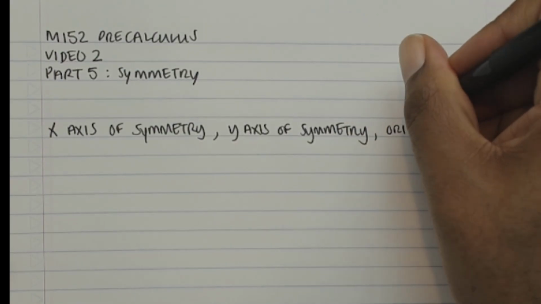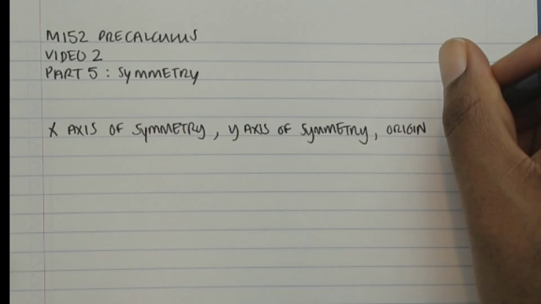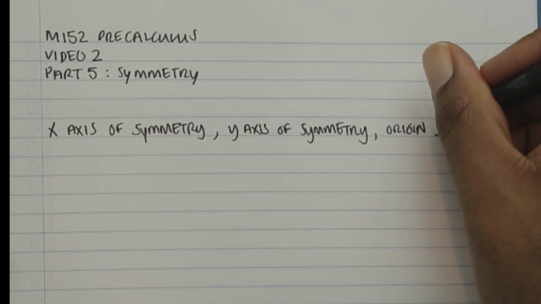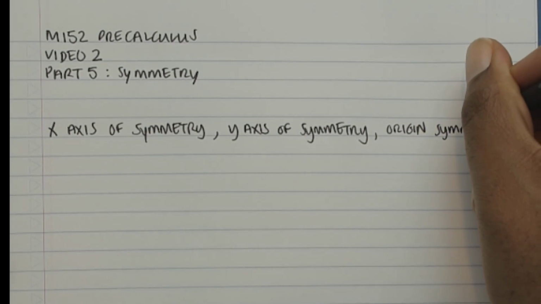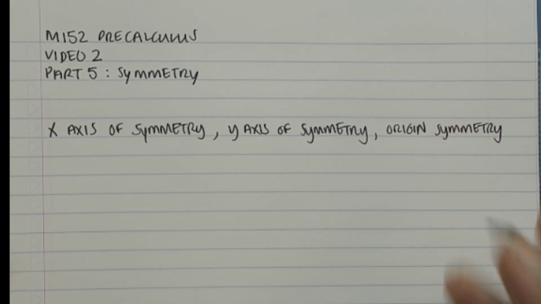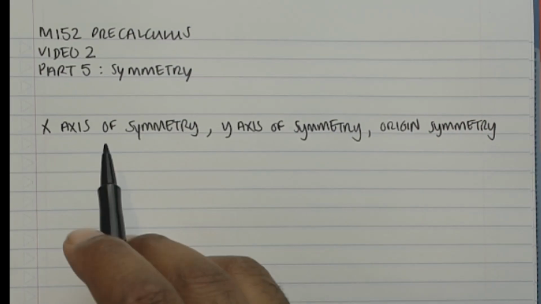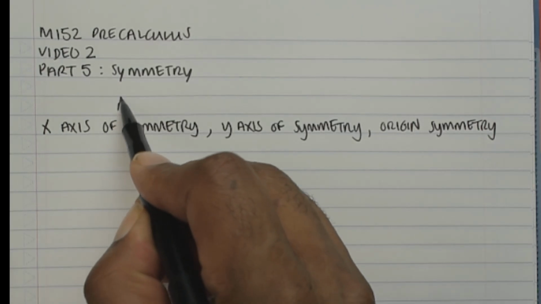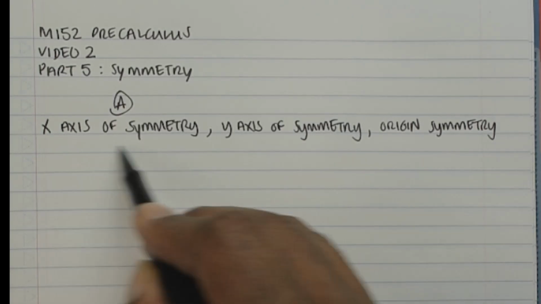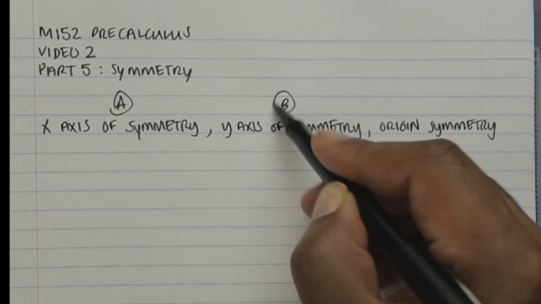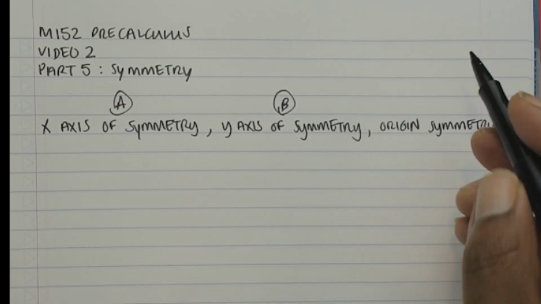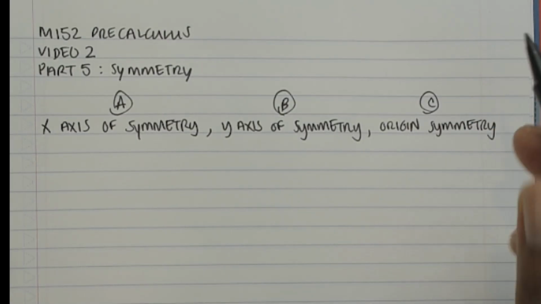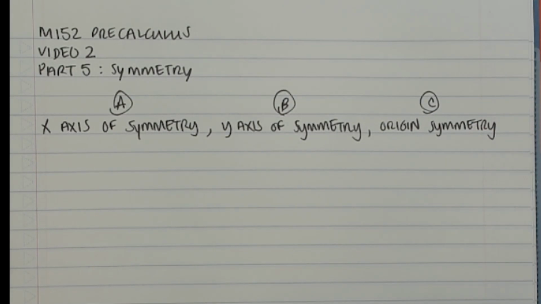And we also have origin symmetry. So what this means is you can have an x-axis of symmetry, a y-axis of symmetry, or even an origin of symmetry.